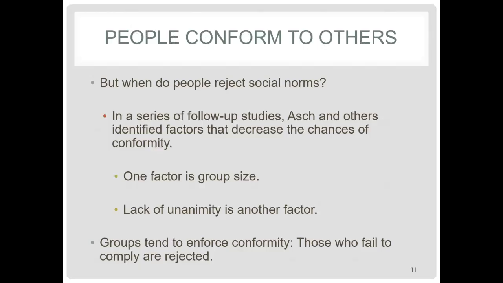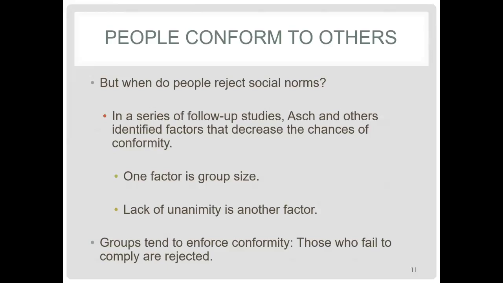When do we reject social norms? Well, Asch found in some follow-up studies, and some other researchers in other studies found, that there are a few factors that decrease the likelihood of conformity. One factor is group size. The other is lack of unanimity in the group.